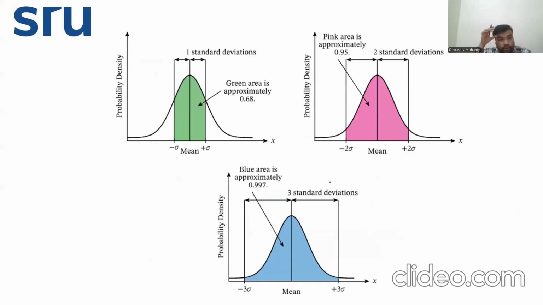Next, coming to the probability density. Here one standard deviation is represented by the green color, where we can see 0.68. The pink color represents 0.95, and the blue color represents three standard deviations. So this represents the variation in the standard deviation with respect to the probability density.